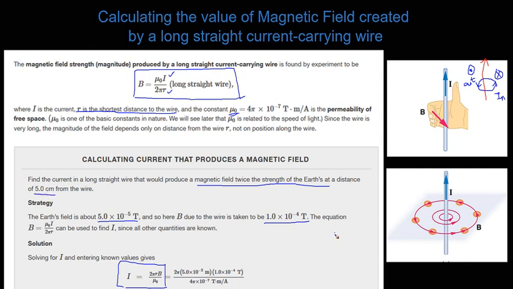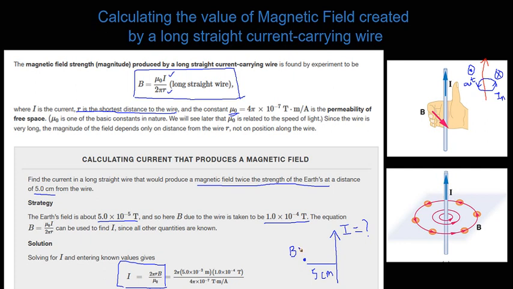So essentially there's a wire carrying a current. Let's say the current is I, and we don't know what this current is, but then they have said at some point whose distance is 5 centimeters, what is the value of field? Well, they've given the value of field.